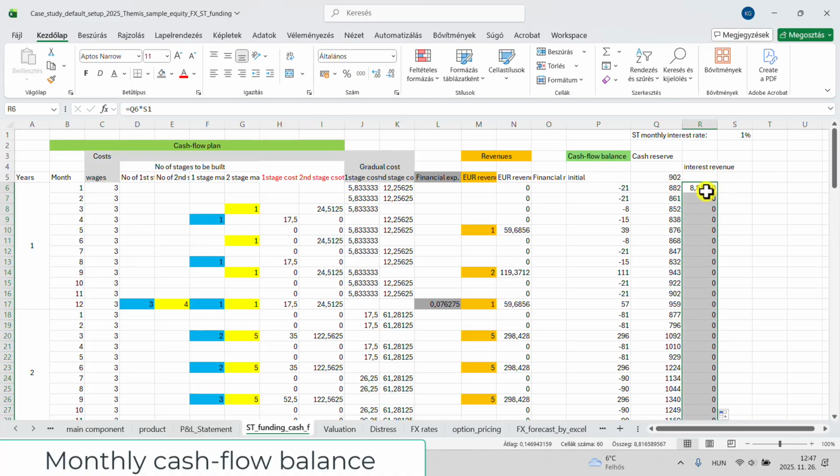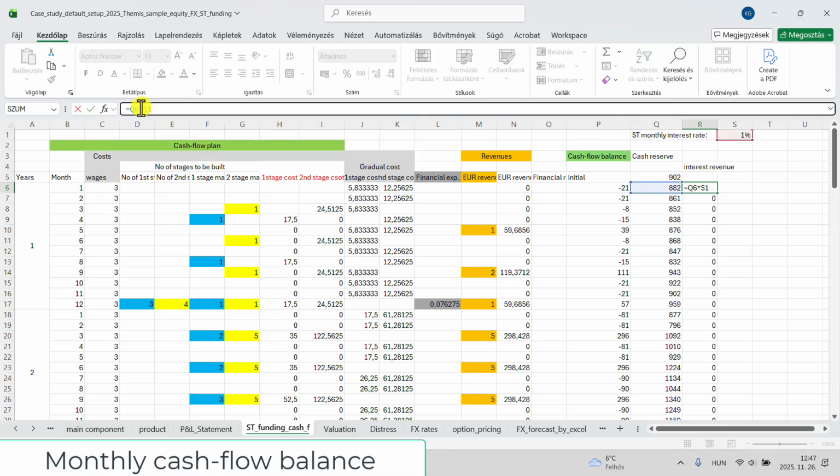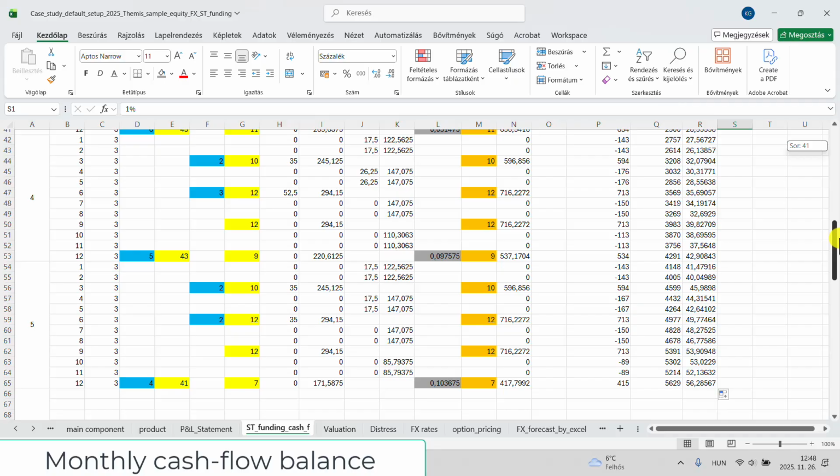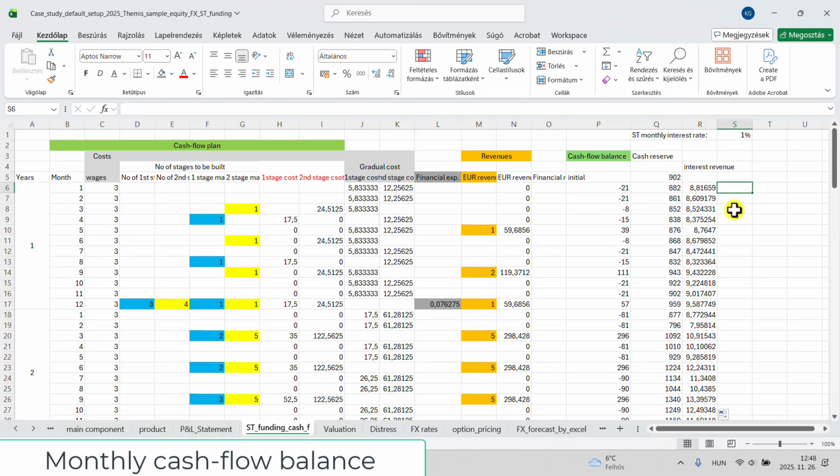Again we have to fix it, otherwise it doesn't work. Obviously if we were working at the treasury, we would try to push this 1% to a higher level and sophisticate it. Right now we are not working at the treasury, so we are only paid to do this one number. So we have an interest revenue.